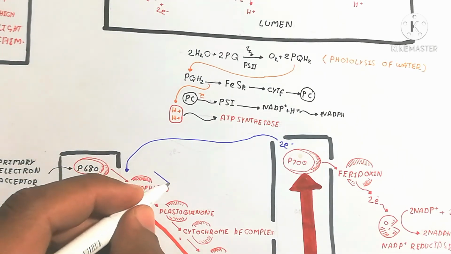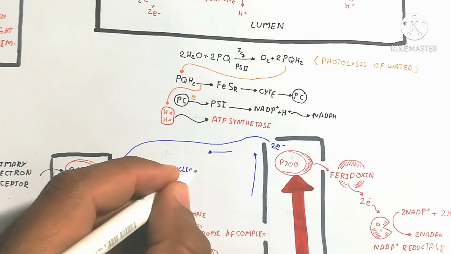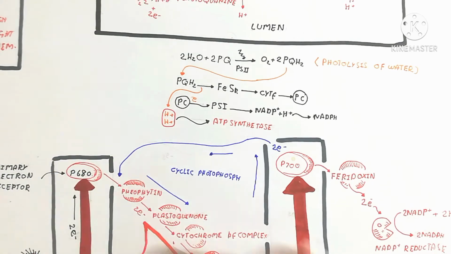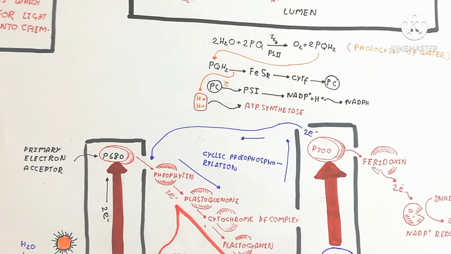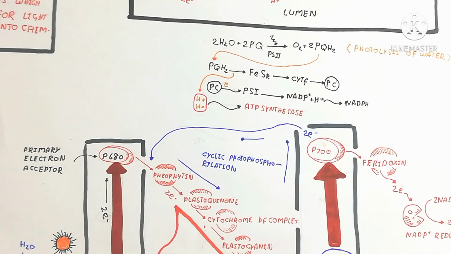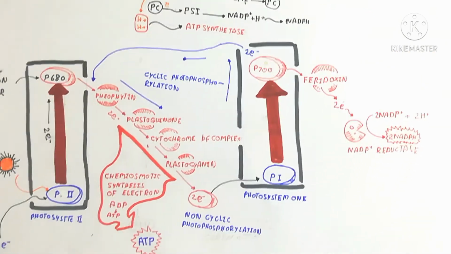This is the non-cyclic photophosphorylation. If we talk about cyclic photophosphorylation, here the 2 electrons again go into the primary electron acceptor, to pheophytin. But why is NADPH not made?